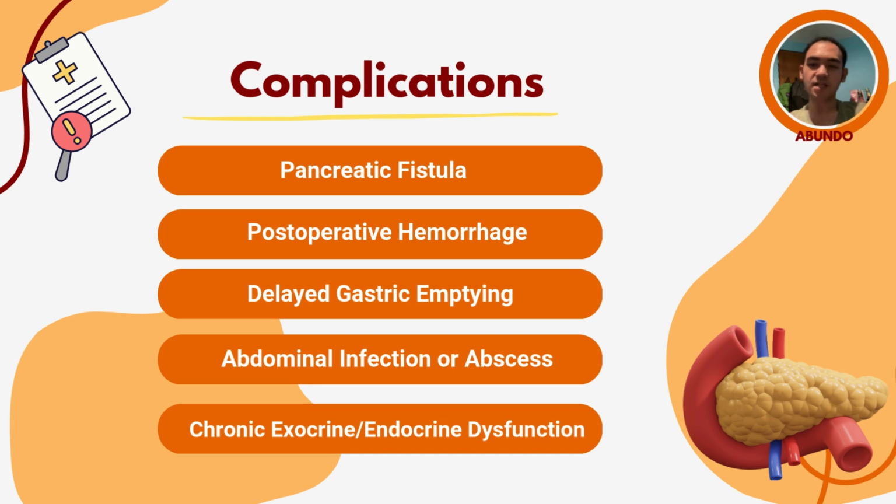On the other hand, endocrine dysfunction can result in impaired insulin secretion, leading to new onset or worsened diabetes mellitus. The risk increases with extensive fibrosis, repeated inflammation, or inadequate residual pancreatic function after surgery. Lifelong enzyme replacement or insulin therapy may be required.